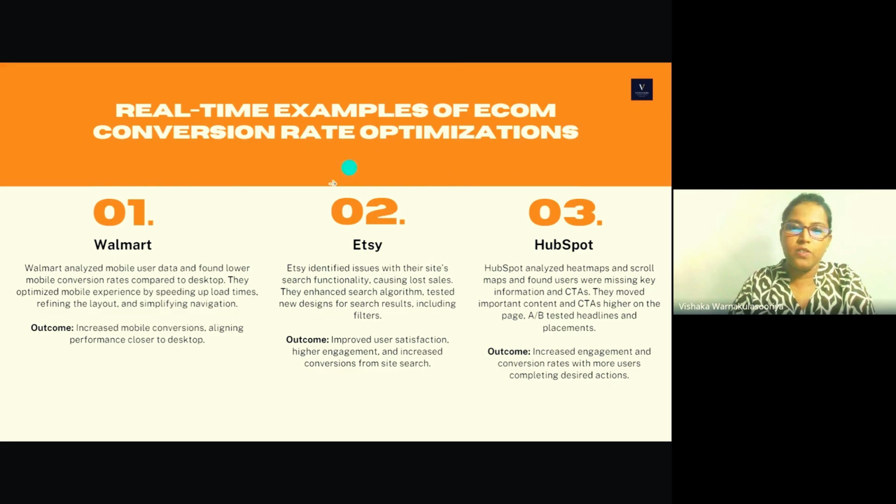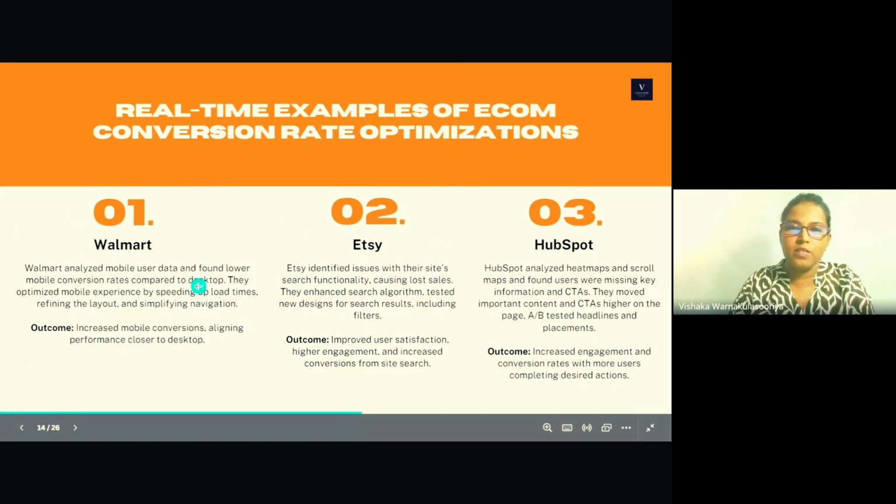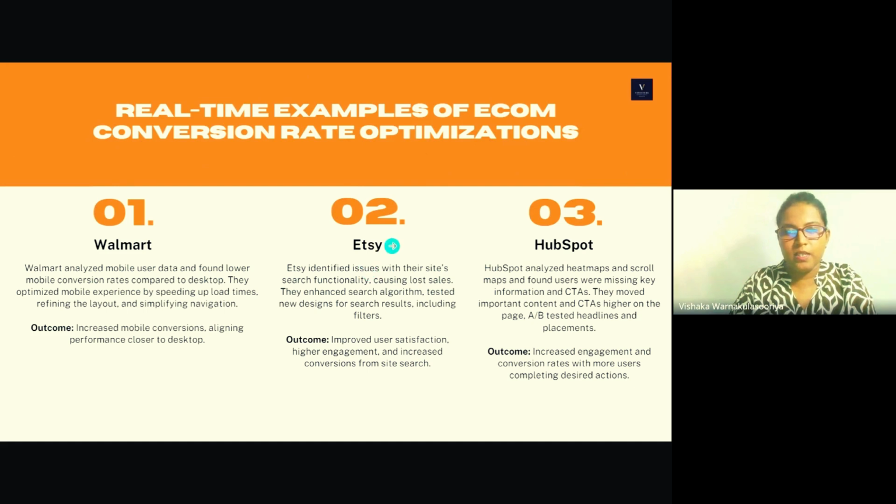For that also, both these businesses did comprehensive data analysis to identify these issues. Regarding Etsy, they enhanced their search algorithms, and they enhanced their search features by adding more filters as the optimizations. As the benefits, they could gain high user engagement and increase the conversion rates accordingly via the optimized search feature.